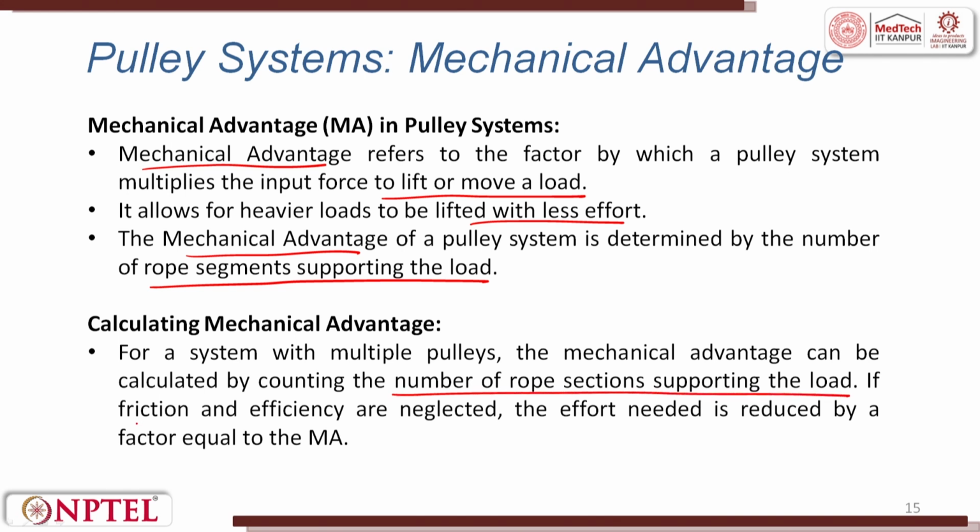If friction and efficiency are neglected, the effort needed is reduced by a factor equal to MA, that is, MA, mechanical advantage, is equal to load force per unit effort force. This is equal to the number of supporting ropes.